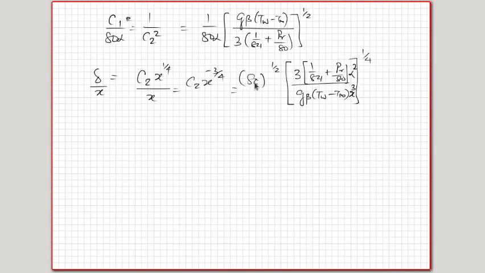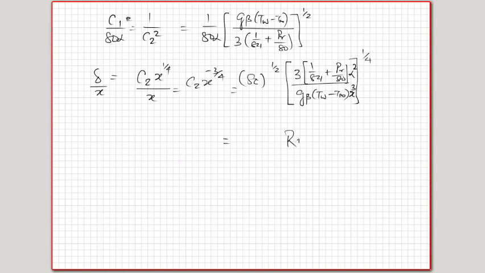Or I can bring this out of the expression. So if I try to simplify this, then I'll get g beta delta T into x cubed by alpha square, which is nothing but Ra_x Pr.